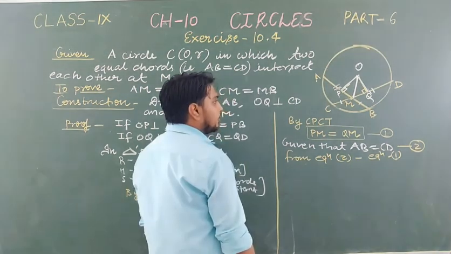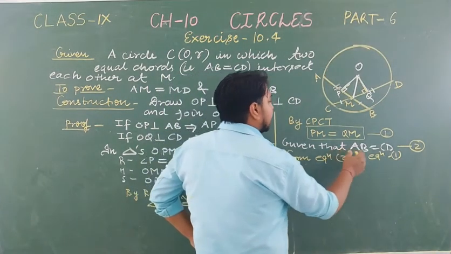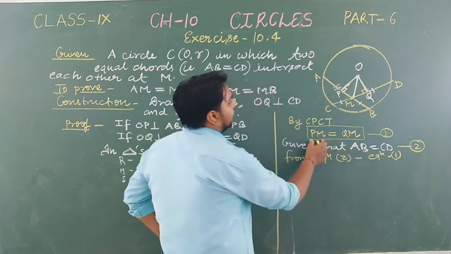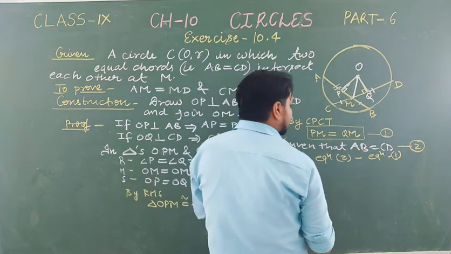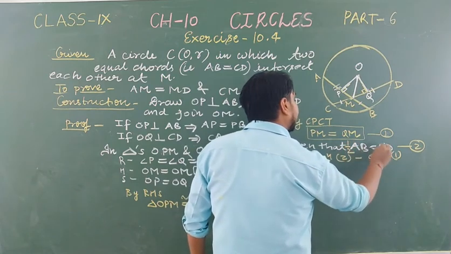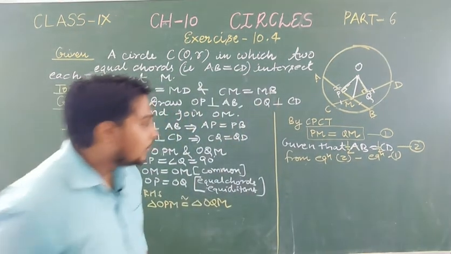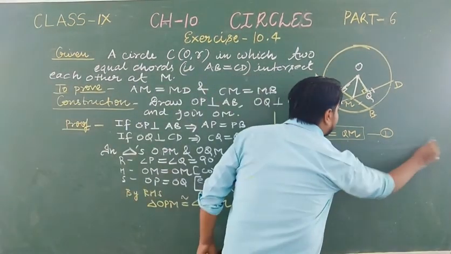Or you can say, students, here you just multiply: half of AB is equal to half of CD.